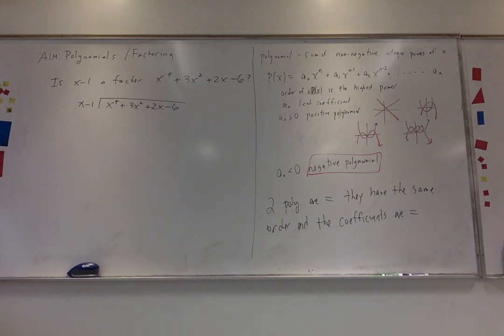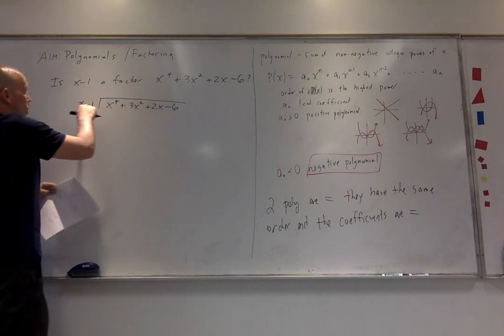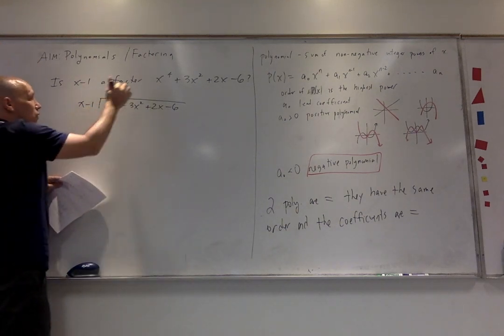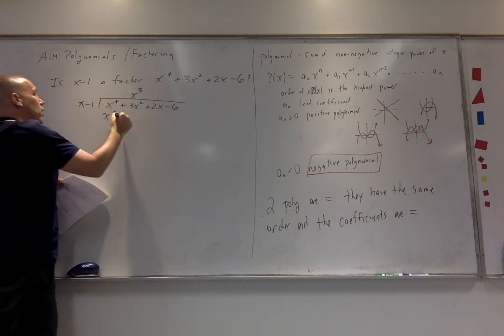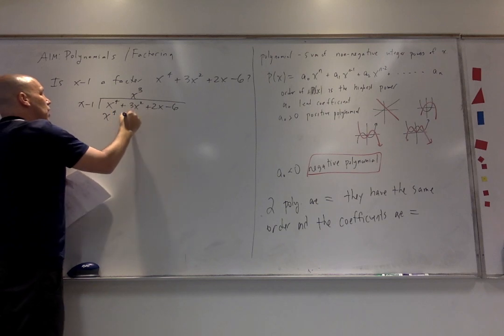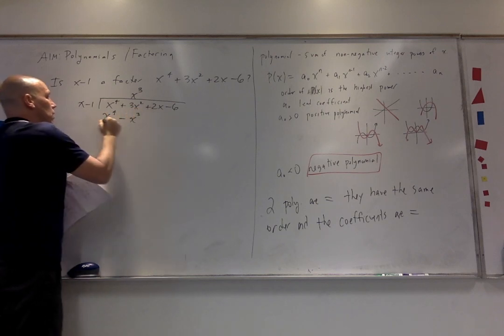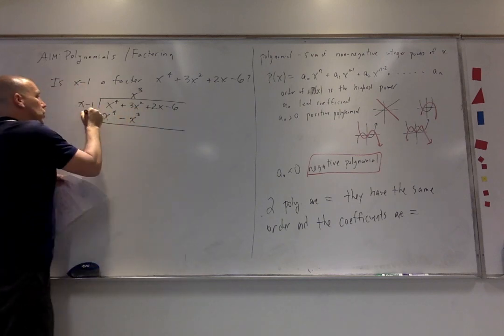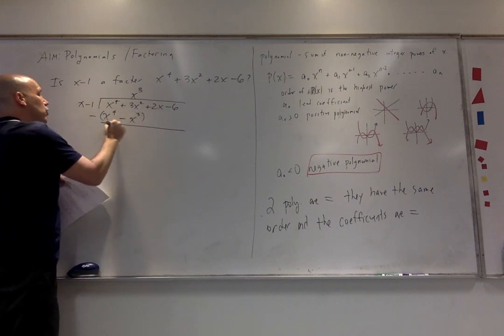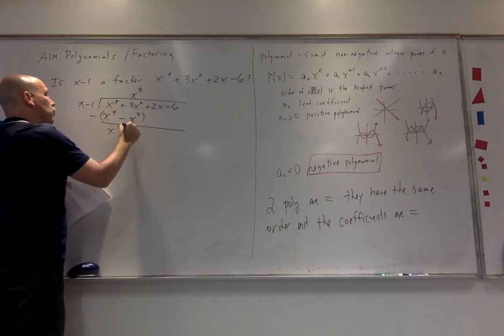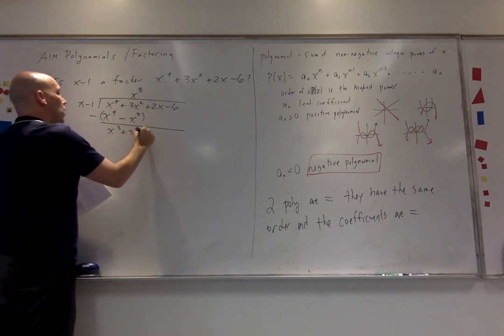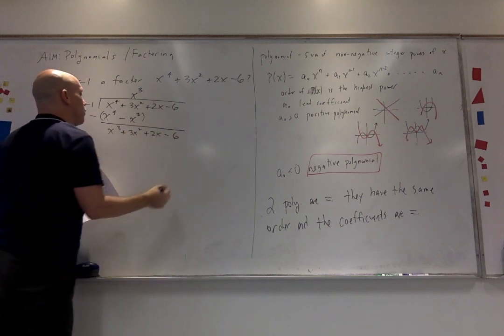I'm good. And so you'd say, okay, well, I need to get that x to the 4th, so I multiply this by x to the 3rd. I have x to the 4th minus x to the 3rd. And then you subtract this, and you have x to the 3rd plus 3x squared plus 2x minus 6.